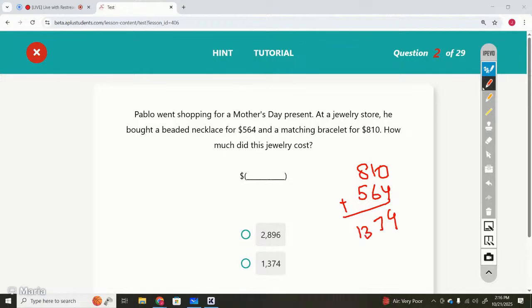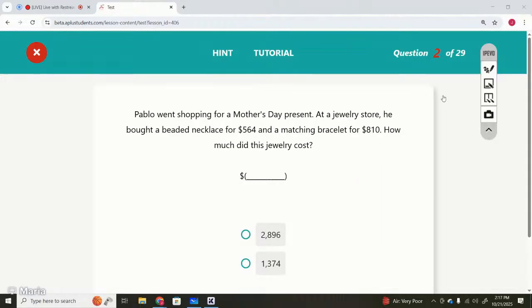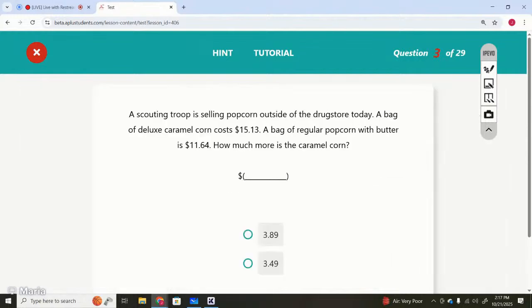So that is 1365. Option number 2 is the correct option.